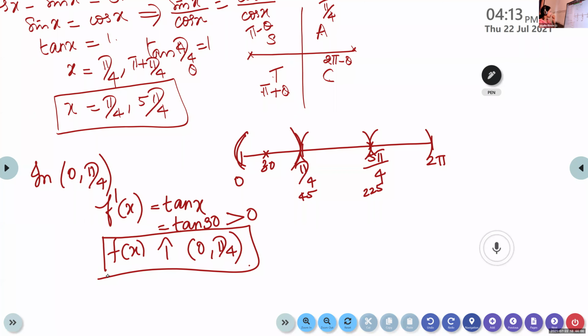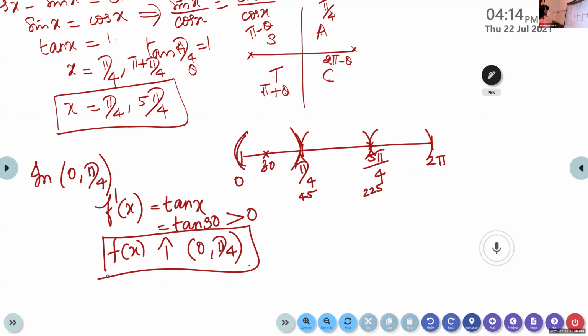Which value are you going to consider? 90.